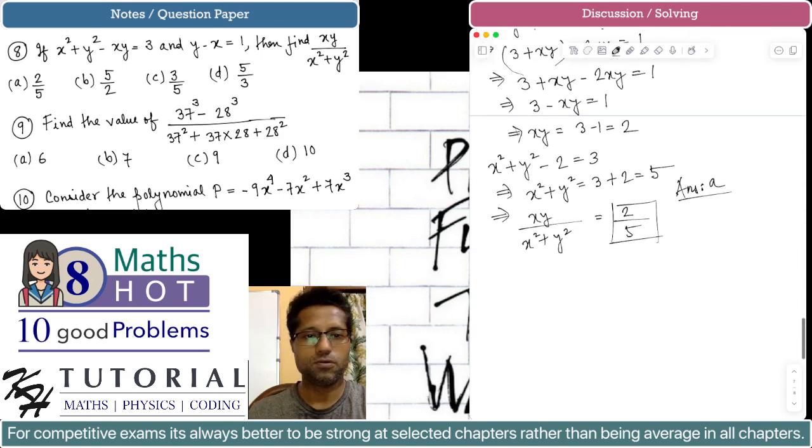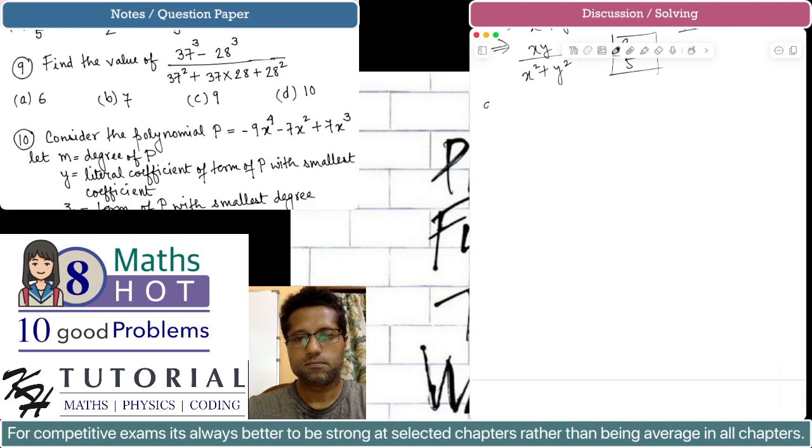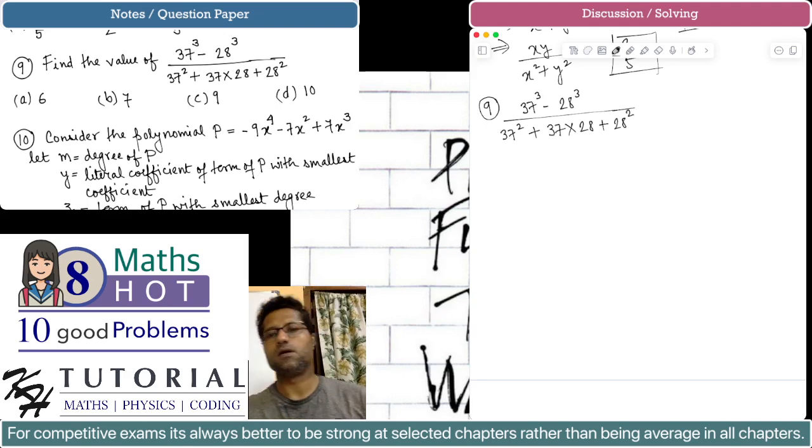Okay, let's do problem number 9. So we have to find the value of 37 cube minus 28 cube divided by 37 square plus 37 multiplied by 28 plus 28 square. Now you can see that in this expression we have cube and square of the numbers 37 and 28.